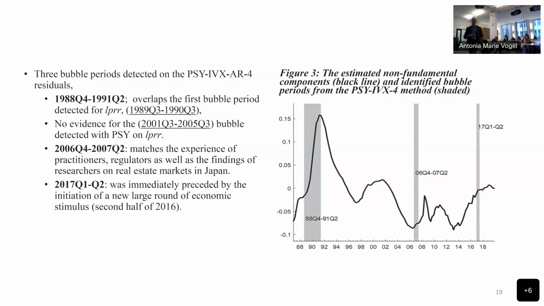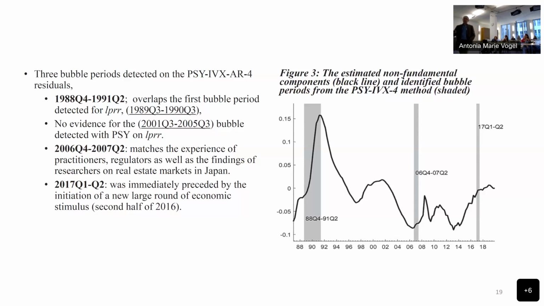You have the middle one, and in the paper, which you can access, it's published as a chapter in a handbook edited by Charles Lung. We explain all the views of practitioners, regulators, and observers who seem to agree that this was a bubble period.